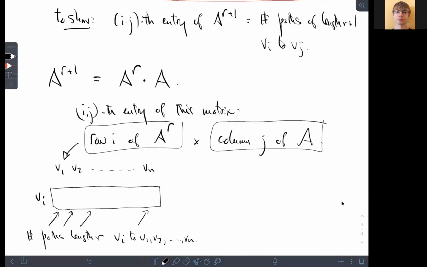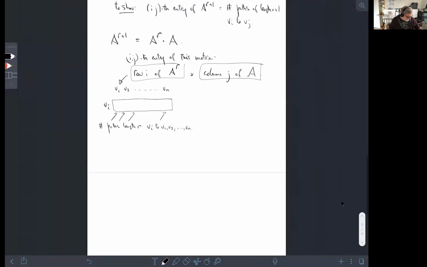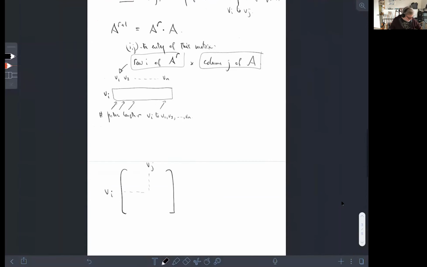Where did the vi happen to go? I'm looking at row i of the matrix. I have the matrix like that, and I'm looking at vi, vj. In A, this entry is either 1 or 0, depending on whether there's an edge or not. Actually, let's not call it vj, let's call it vk.